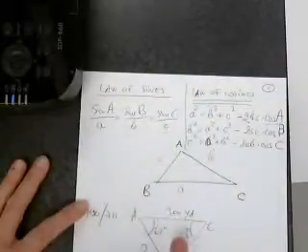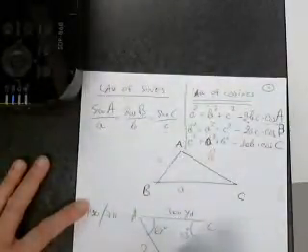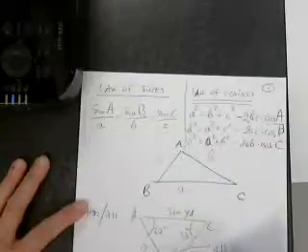I have 62 and I have 53. So this angle, angle B, equals 180 minus 62 degrees minus 53 degrees. So how big is angle B? 65. Excellent. Okay, so this is 65.